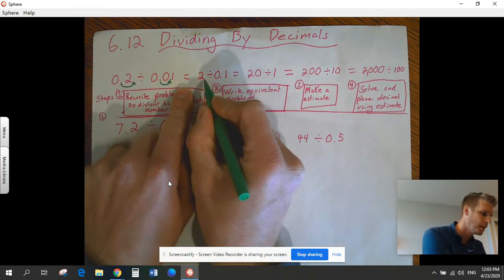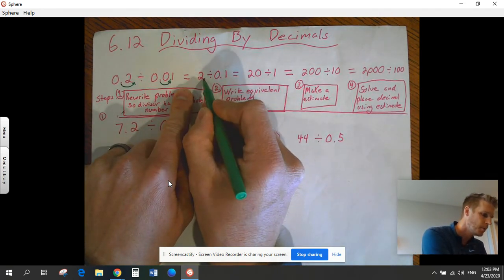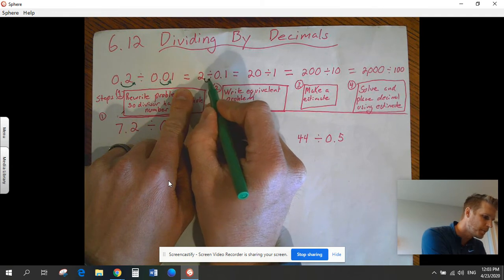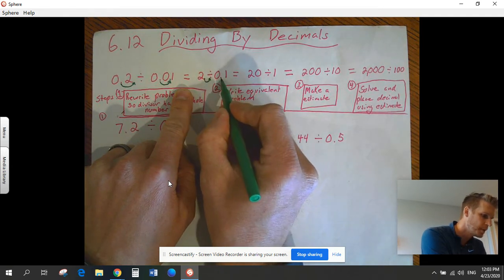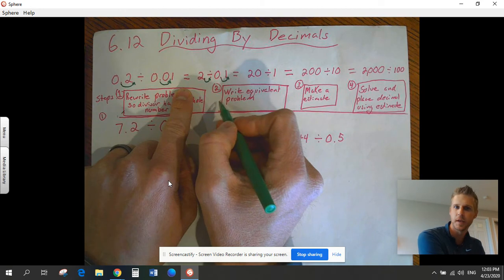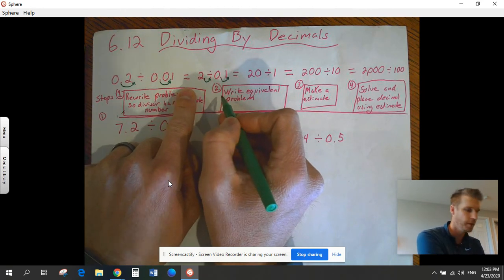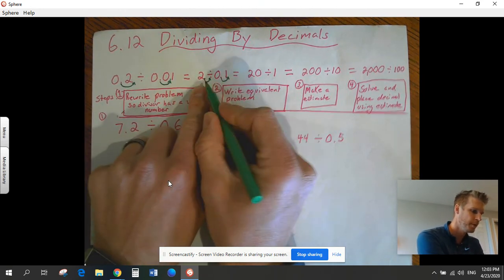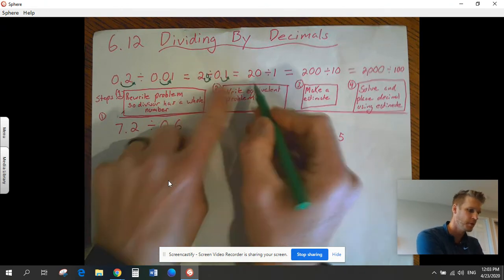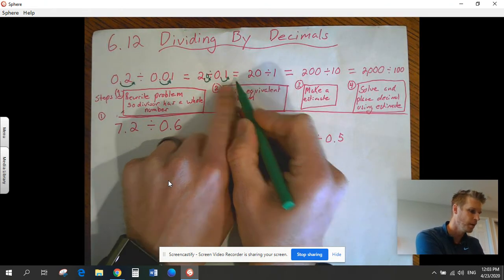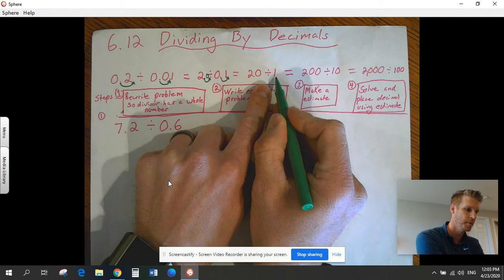Now, how do we get from this to 20 divided by 1? Again, the same thing. On the number 2, we're going to move the decimal over one place and move this decimal over one place. If we treat them the same, it's going to be equivalent. Remember, if you move it over, we're going to fill that gap with a 0, which makes it 20. And if we move it over here, our number is now 1.